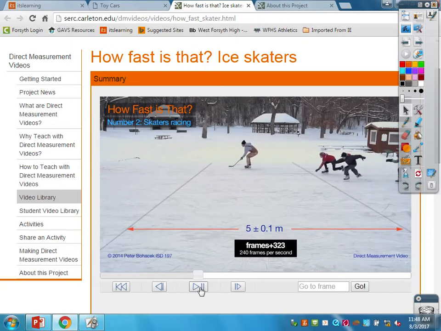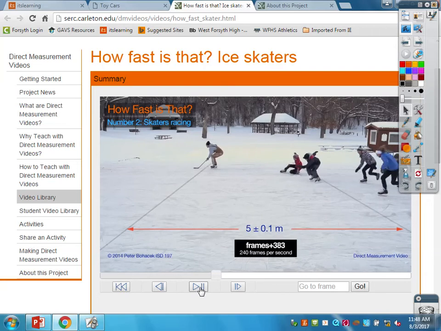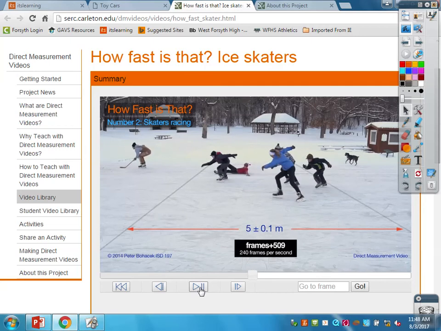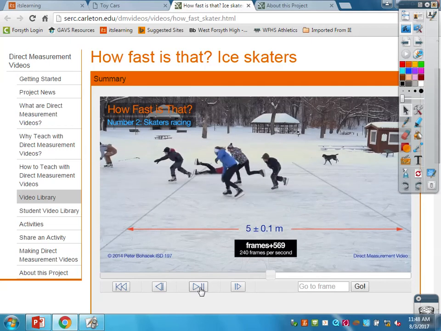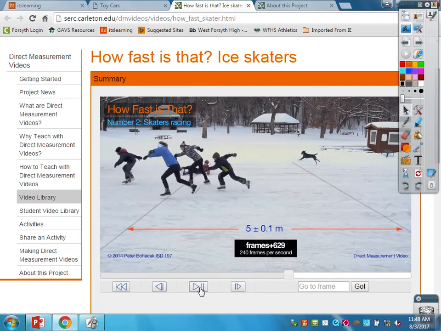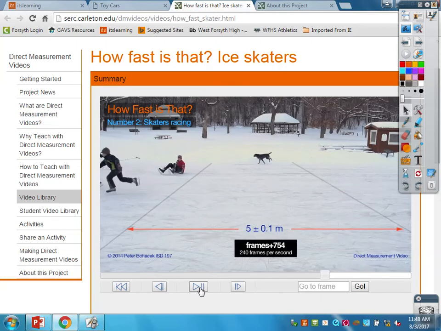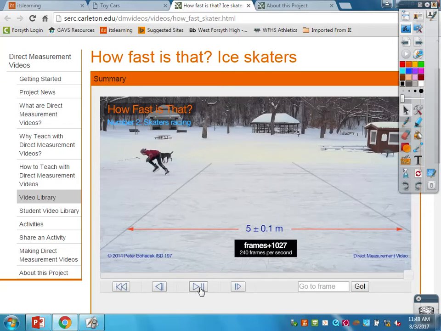We have frames being counted, and then we have these two lines with a space in between, saying the distance between those two points is 5 plus or minus 0.1 meters. That is really all the information given to us, but we can do a little with it to solve some kinematic problems, maybe relating the speeds and velocities of the different people. And so it stops.